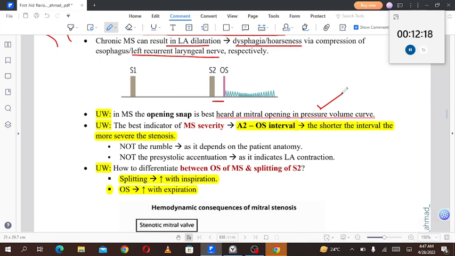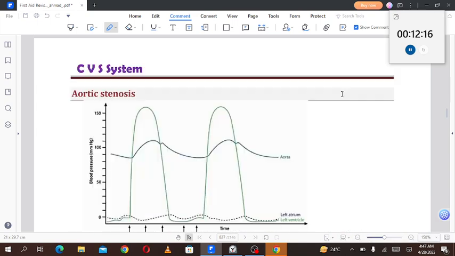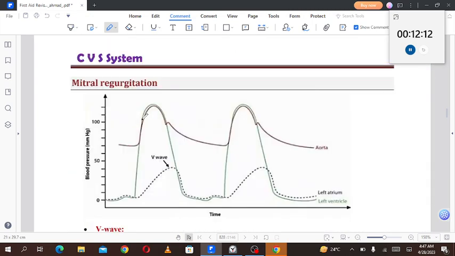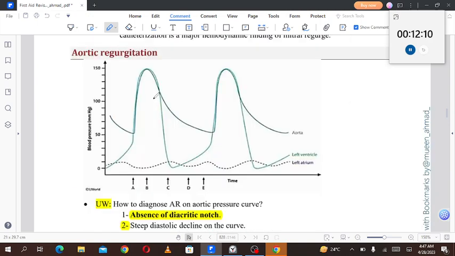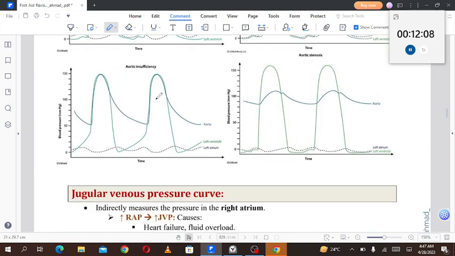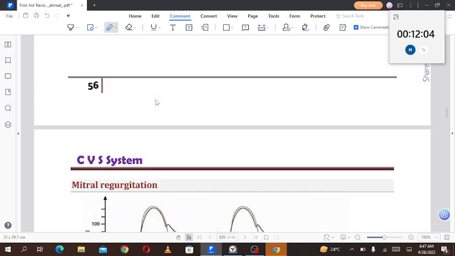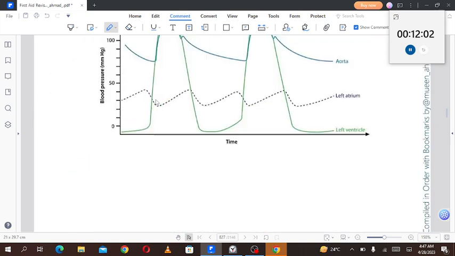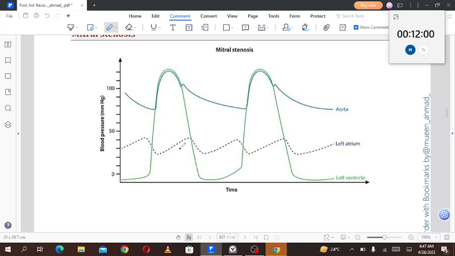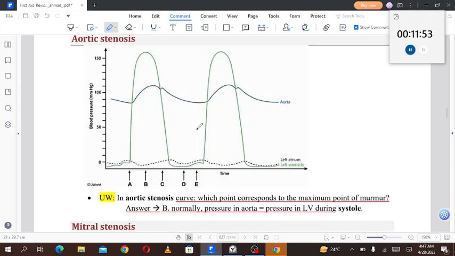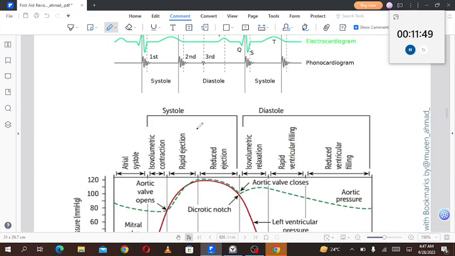We saw that over here, in the pictures of aortic stenosis, mitral stenosis, mitral regurgitation and aortic regurgitation. In the mitral stenosis picture, this is the point of mitral valve opening, where we hear the loudest opening snap.